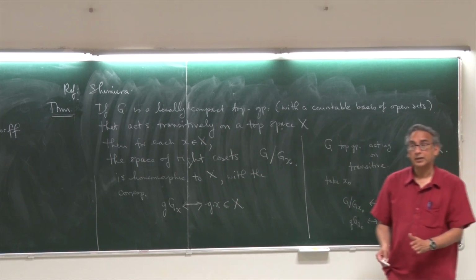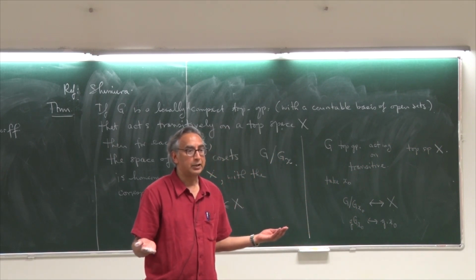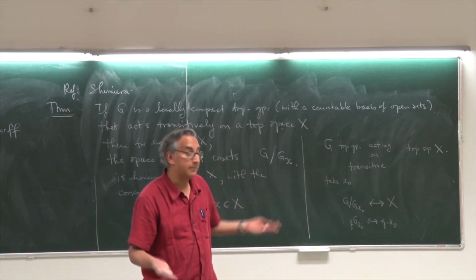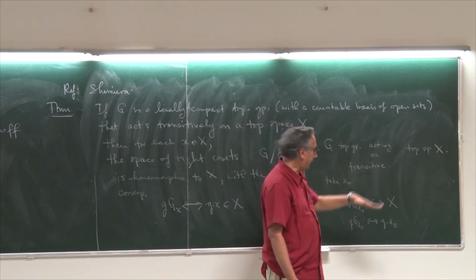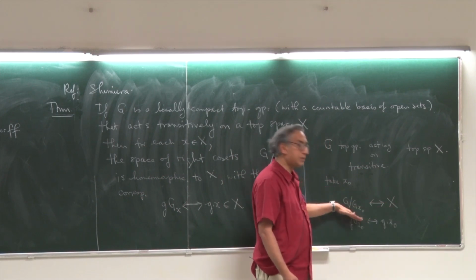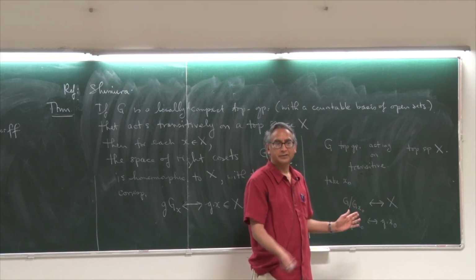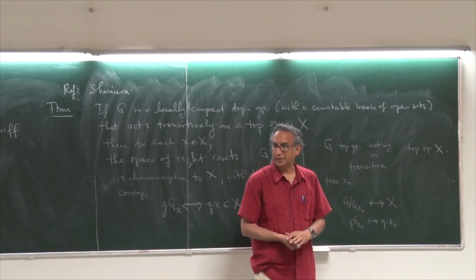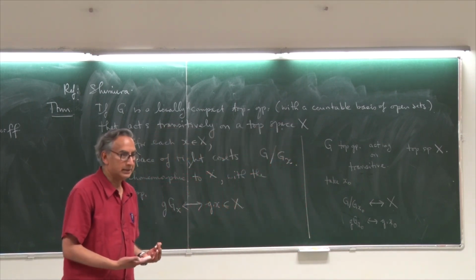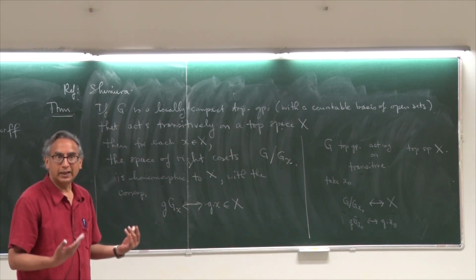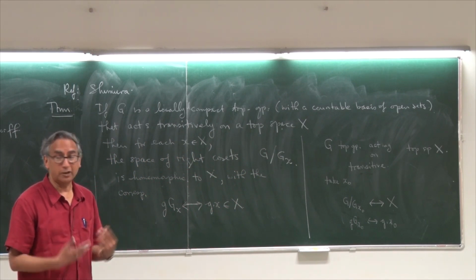And so with this action, we're identifying the topology here with the topology on G. All of a sudden, we're able to go from some abstract topological space X, which had no connection to G except the fact that G acted on it, and if it's a transitive action, I can identify X with a coset space. This is the comment that you have to understand in order to understand the Langlands program. Everyone knows that the Langlands program is a generalization of the theory of modular forms to higher dimensions, automorphic representations and so on.